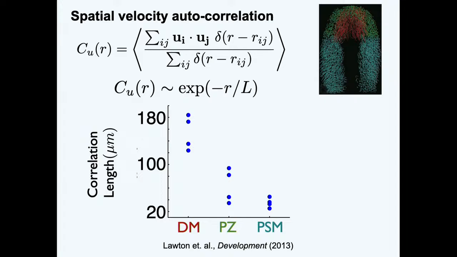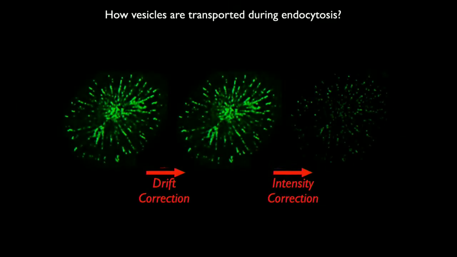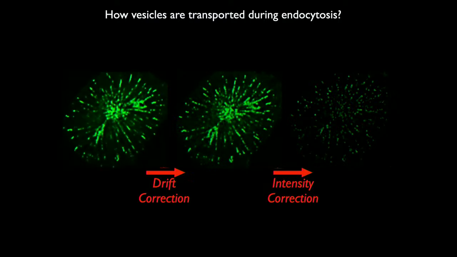In that case, one can use something called particle image velocimetry, or PIV. I will not go into the details. Here you see there are a lot of small nutrients which are moving around. Look carefully, this is actually inside a cell.